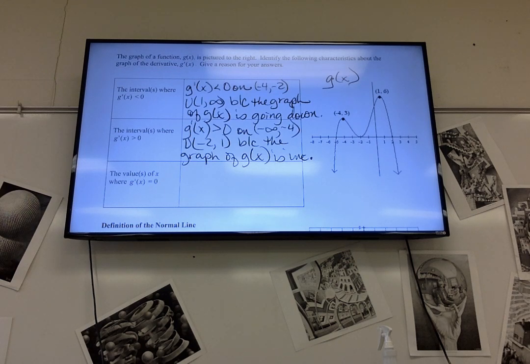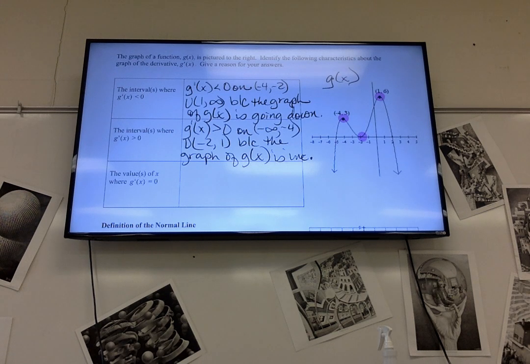Okay, so g prime of x equals 0. Where's that happen? -4 and 1, and what did you say? -2. Yeah. Whenever it's not going up or down. It's when it's a relative max or a relative min. That's where it would be at 0.